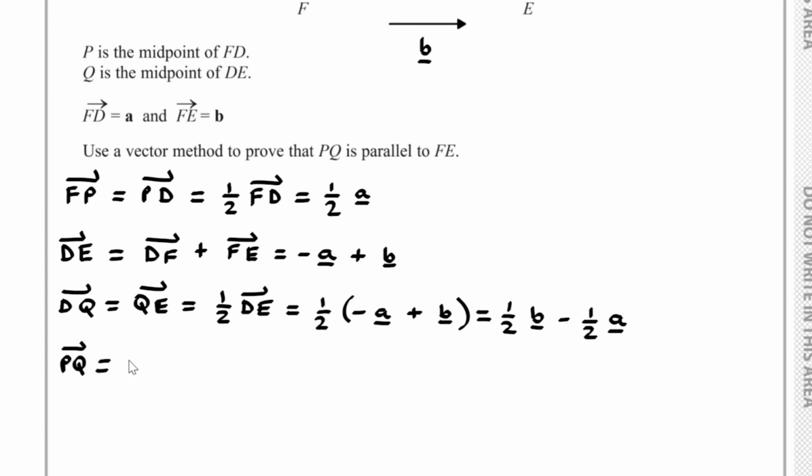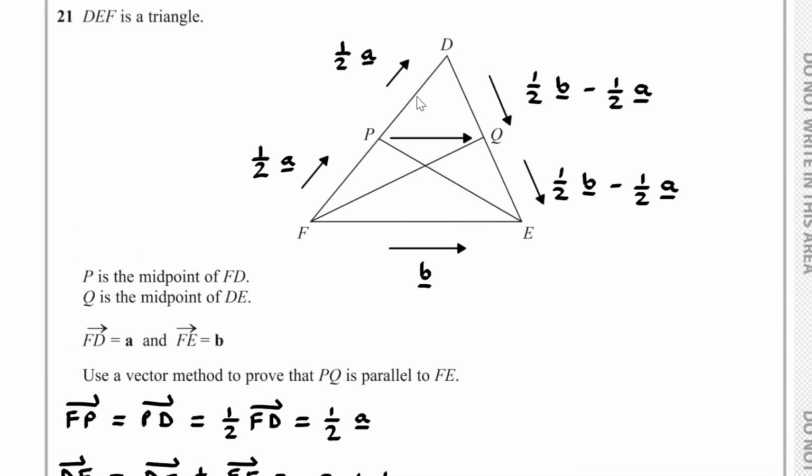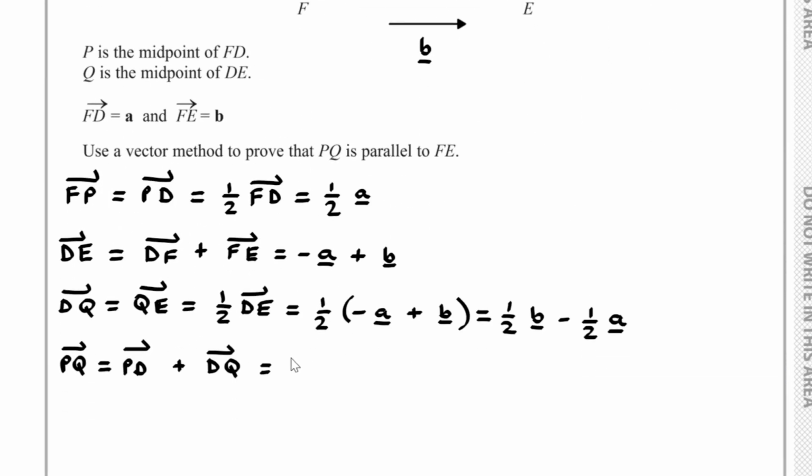So therefore the vector PQ is equal to the vector PD plus the vector DQ. So the vector PD, going from P to D, that's 1/2 A. And the vector DQ is this vector here. And it turns out we get 1/2 A minus 1/2 A, which is 0A.